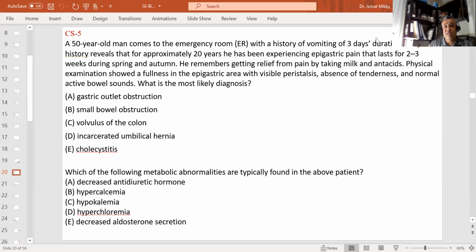It can also be secondary to scar tissue formation. And these patients typically describe the sensation of epigastric fullness and demonstrate visible peristalsis going from the left to the right.